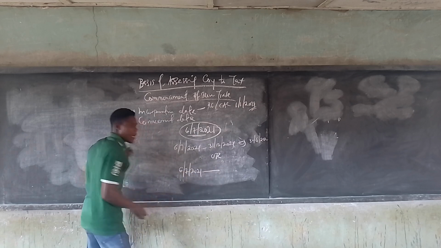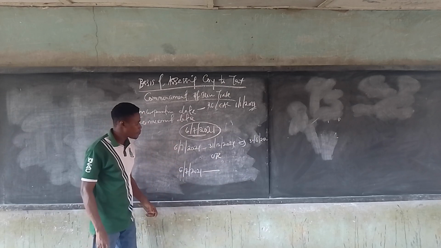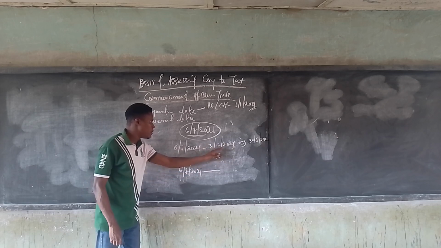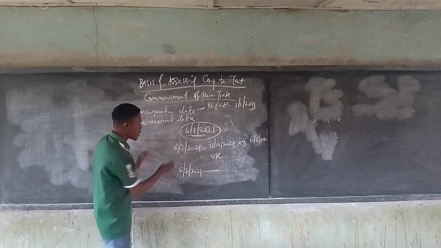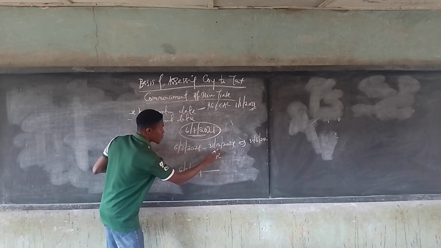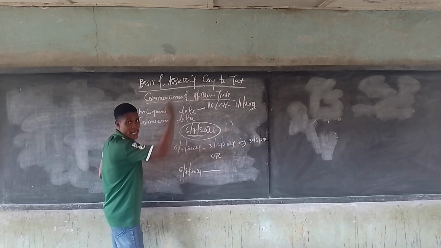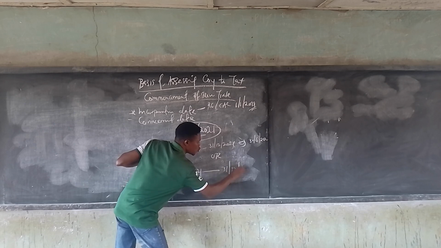Let's say December 2022. Are you sure? How many months is this? 6 months, plus another 6 months, plus another 6 months. That will be 31st December 2022.